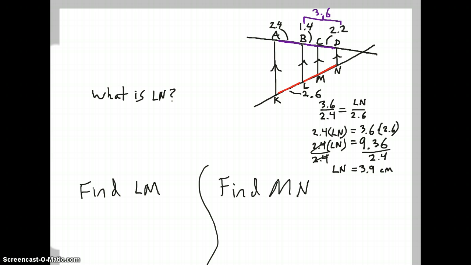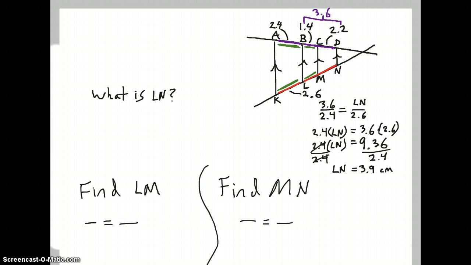You can pause. Okay, so for LM, which is right here, I would set that up with a ratio to this, and that will be equal to this, correct?